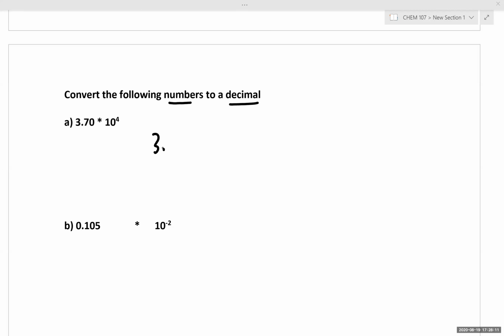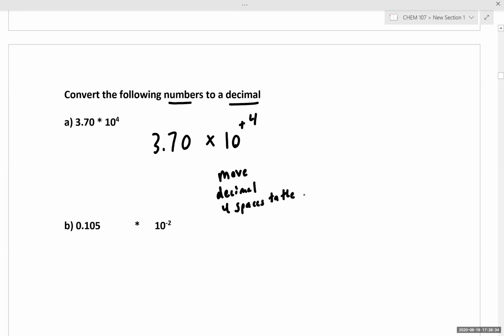So continuing on, when we're multiplying or dividing by powers of 10, so in this case, we're multiplying by 10 to the positive fourth. When we multiply by a positive power of 10, this is telling us that we move our decimal 4 spaces to the right. So let's show how this works in practice.